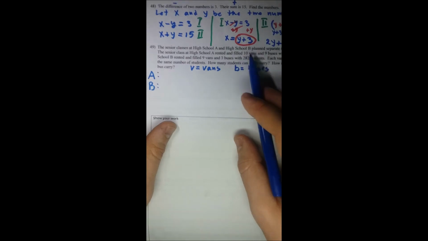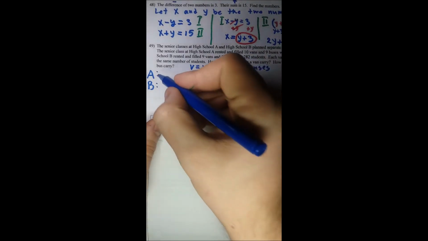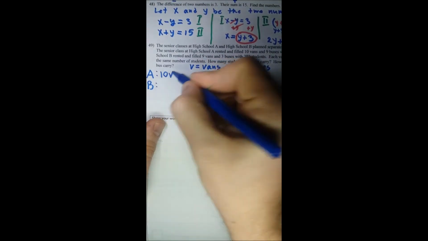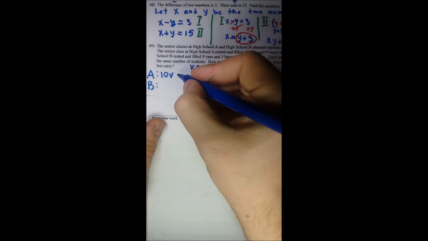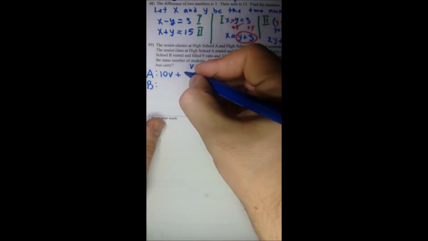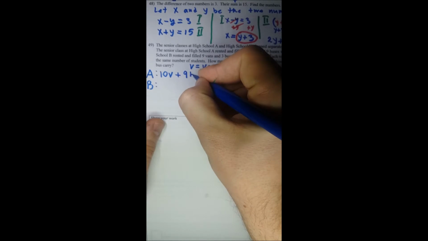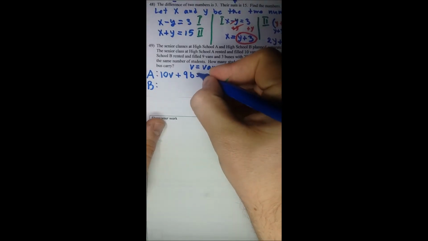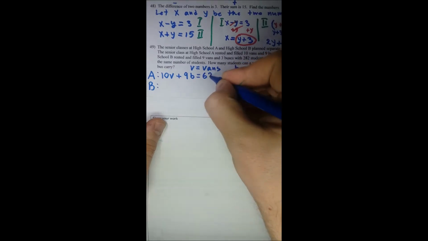Okay? So now let's see this. Rented and filled 10 vans, which I'm going to put 10V, and means add 9 buses, 9B, with a total of how many students? 625 students.